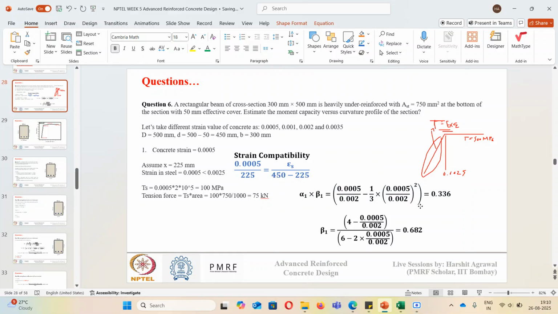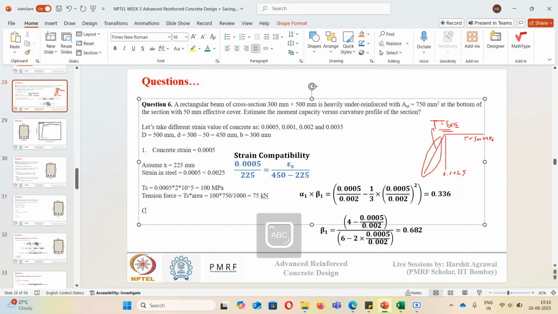Okay, once we know alpha 1 and beta 1, we can calculate the force in concrete. So how much force is concrete offering? It is nothing but alpha 1 times fc dash.